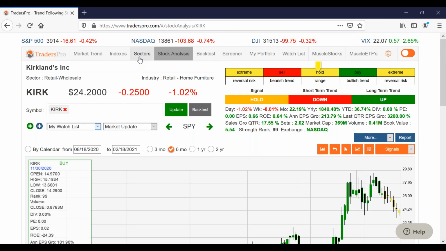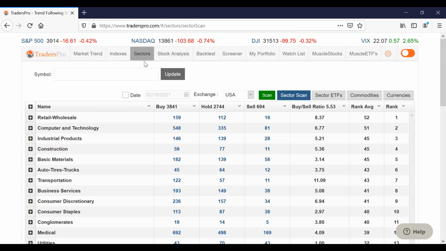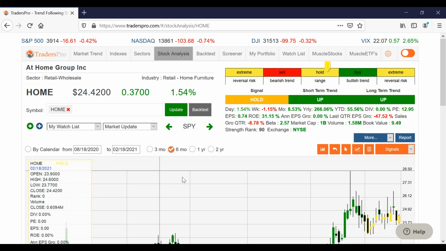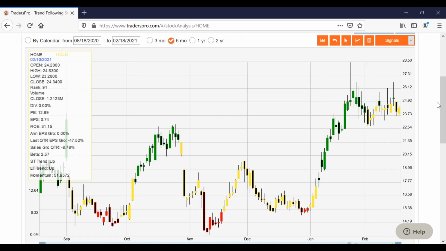A new one in that sector that I like, a little bit lower strength rank at 90, is this at-home group, HOME. I like the consolidation. Again, remember what you always hear me say: whenever you see a stock moving sideways, you want to pay attention to the direction it was moving in before it moved sideways.